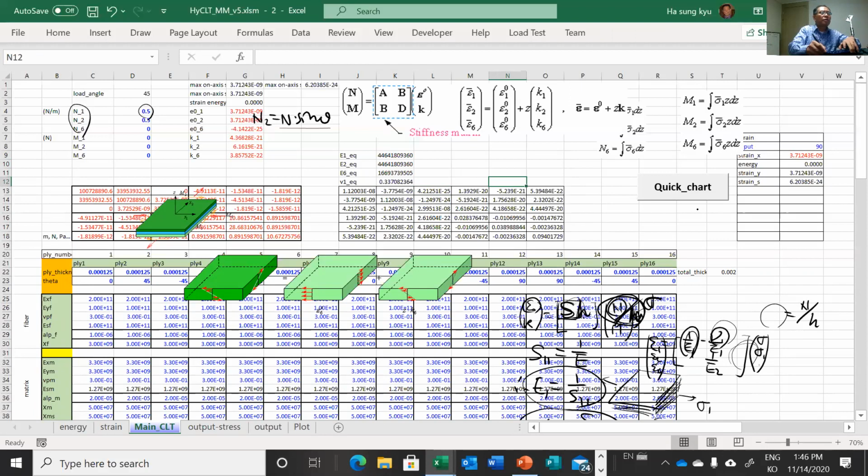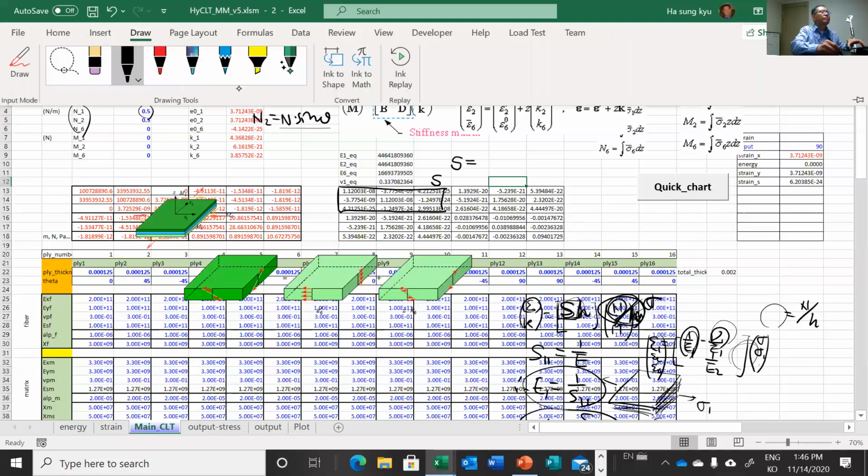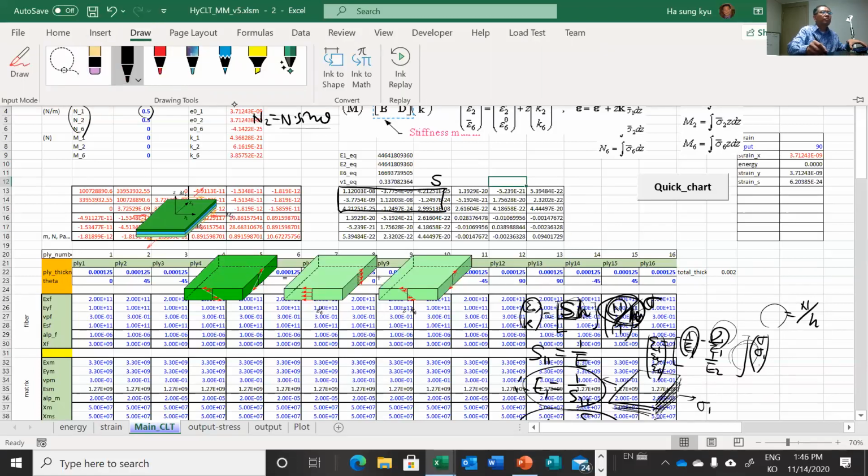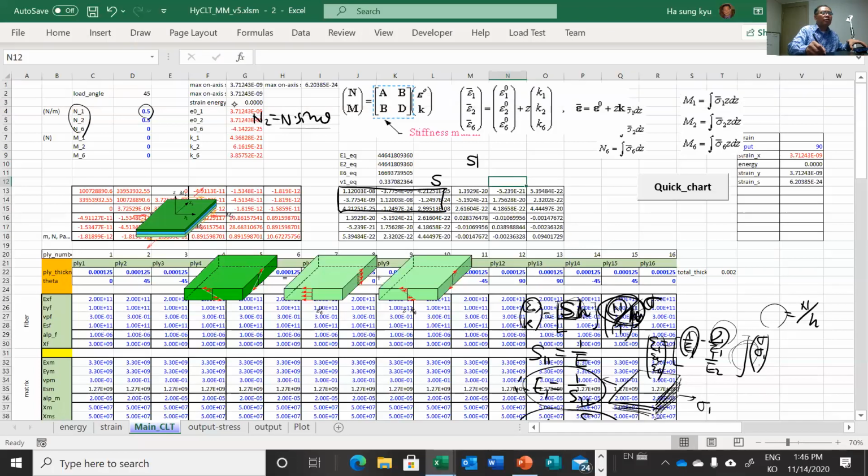I'm going to just write down here: this is S times H. So this is epsilon 0 and SH, this is NH, and this is sigma.